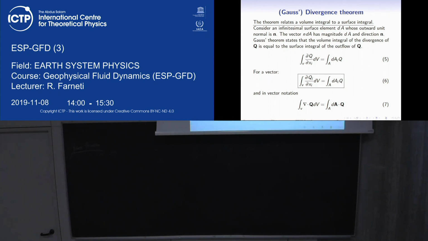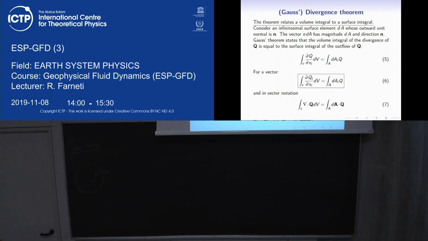Okay, so the Gauss theorem, which we talked about last time, relates a volume integral to a surface integral. Okay? So consider an infinitesimal surface element A, so this is dA. And this is n. Okay, the outward unit vector n.